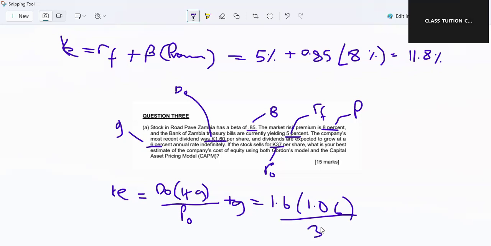The growth of 6%, so 0.06. What are you getting? You're getting ultimately 1.60 times 1.06 over 37.